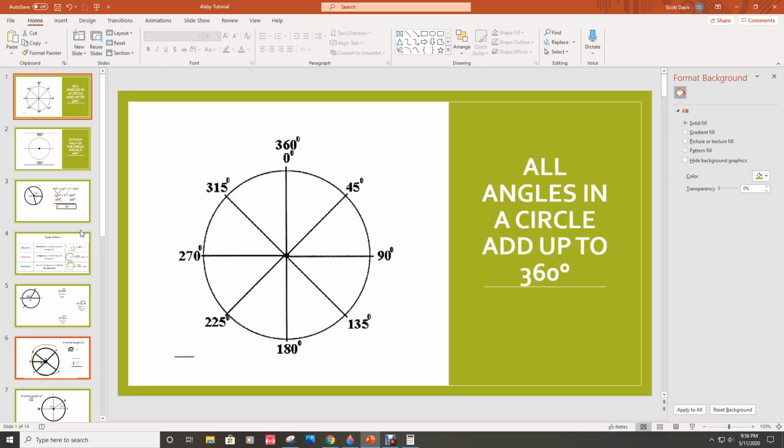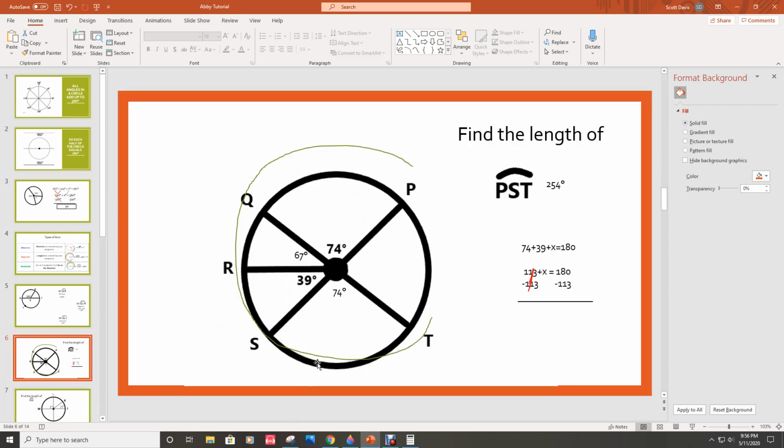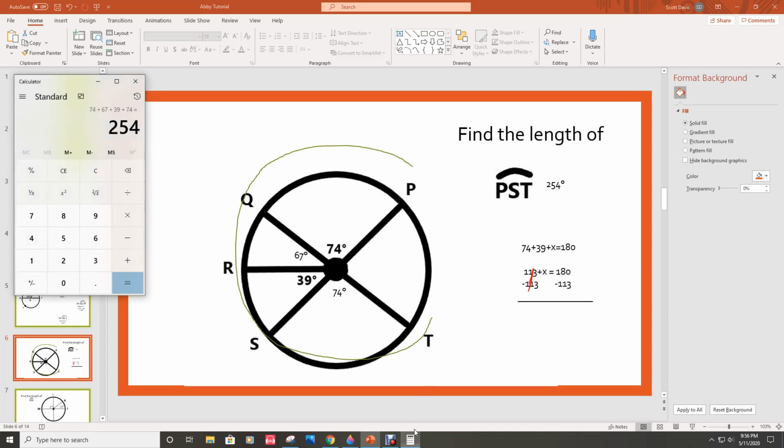All of our circles equal 360 degrees, right? So we can add these together and carry them across to make sure that it's equal. So 67 plus 39 is 106.